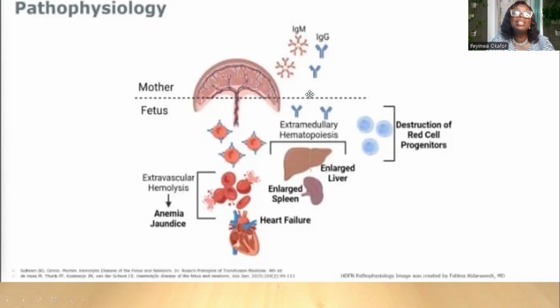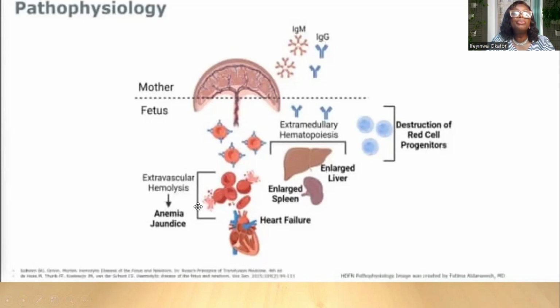The IgG antibodies enter the baby's circulation through the placenta and form a complex on the red blood cell membrane of the baby, causing the spleen to remove them from circulation and destroy them, eliciting extravascular hemolysis.